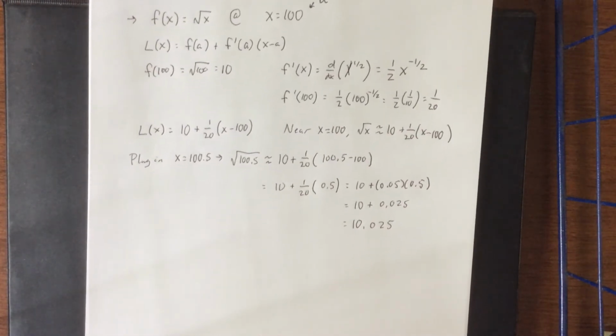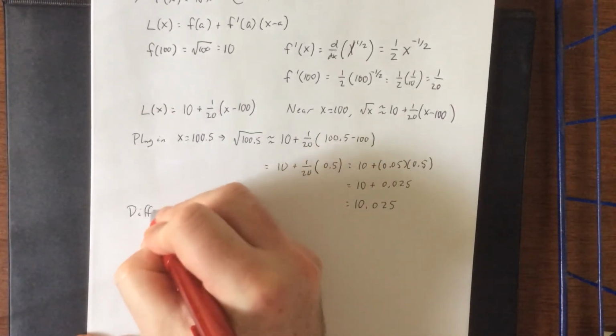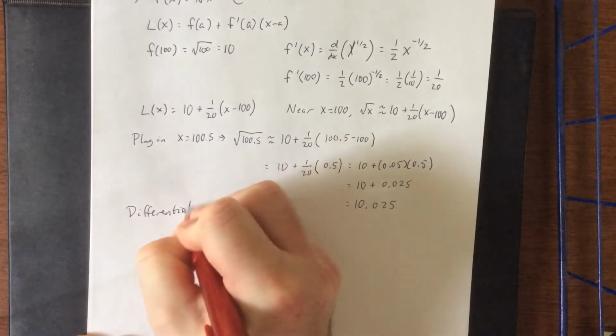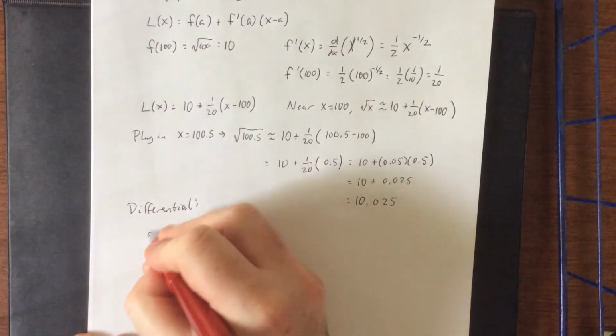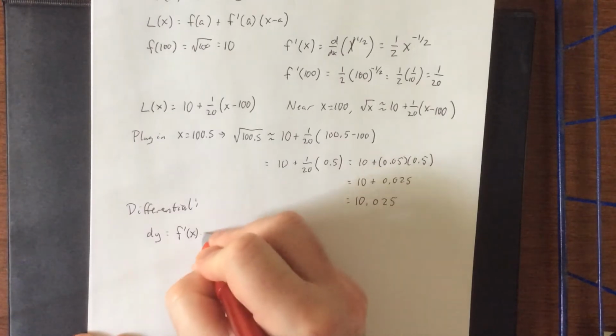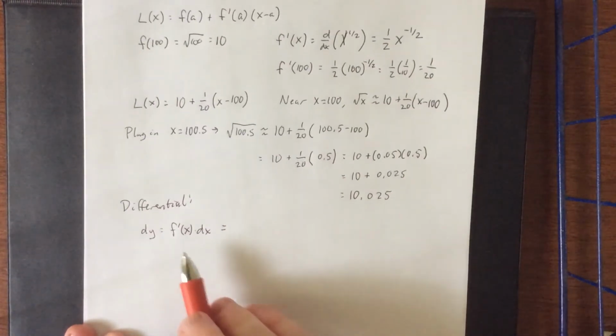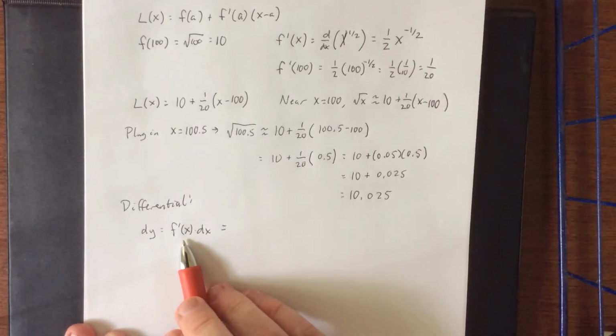Now if we wanted to use a differential for this, we would start by setting up the fact that dy is going to be equal to f prime of x times dx. We've actually already done most of the legwork on this, so we might as well make use of it.